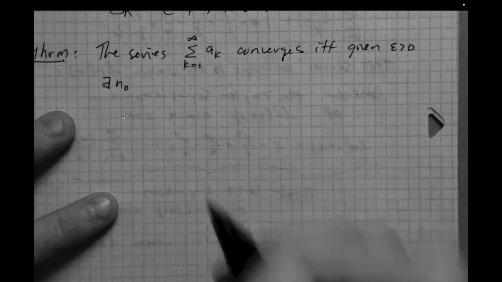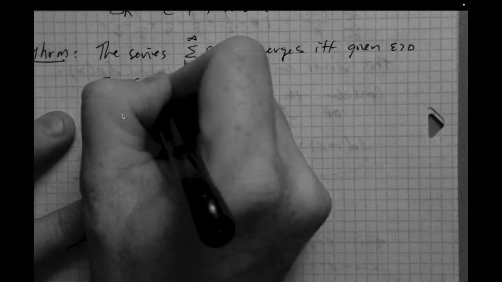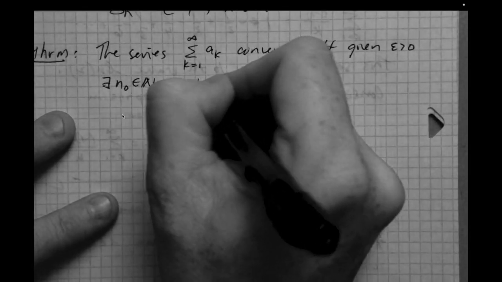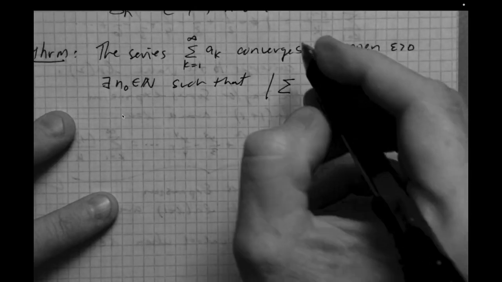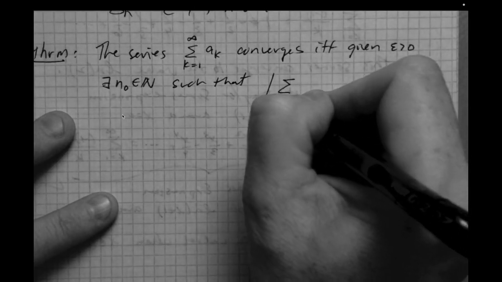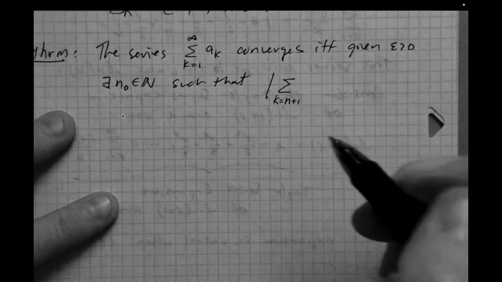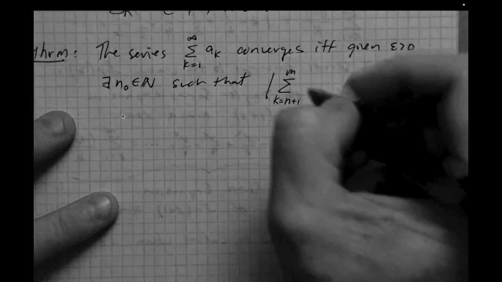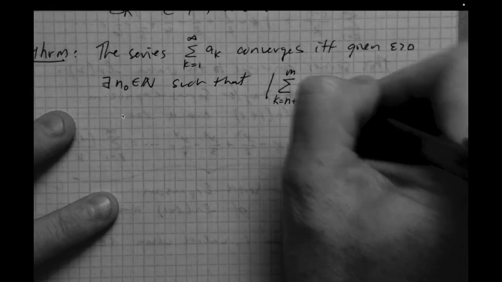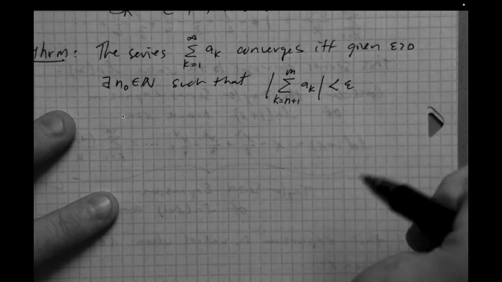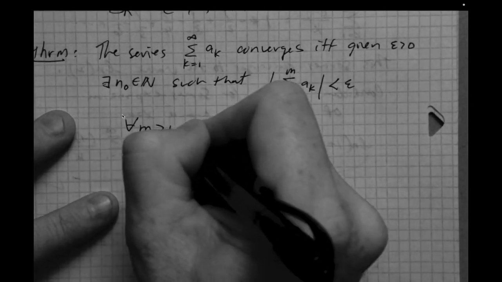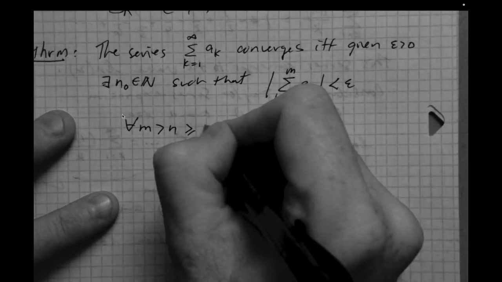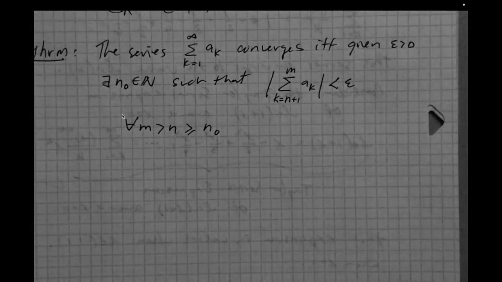given epsilon greater than 0, there exists an n-naught natural number such that the absolute value of the sum from k equals n plus 1 to m of the series is less than epsilon, and that this needs to be true for all m greater than n greater than or equal to n-naught.